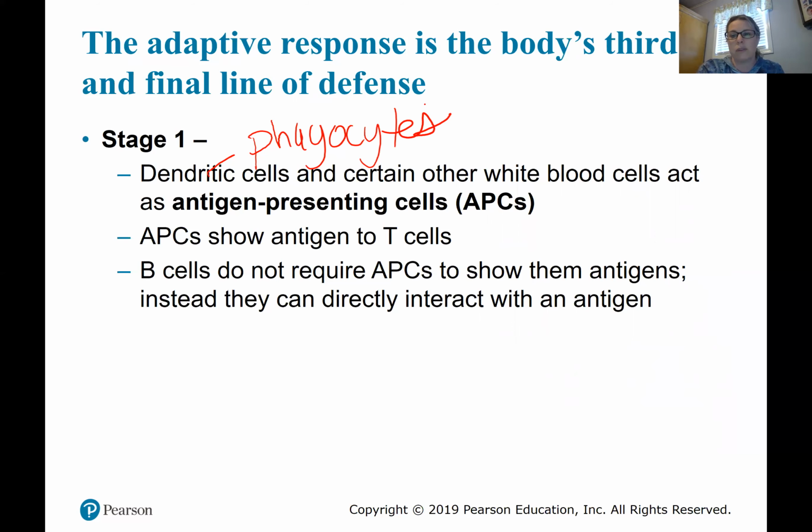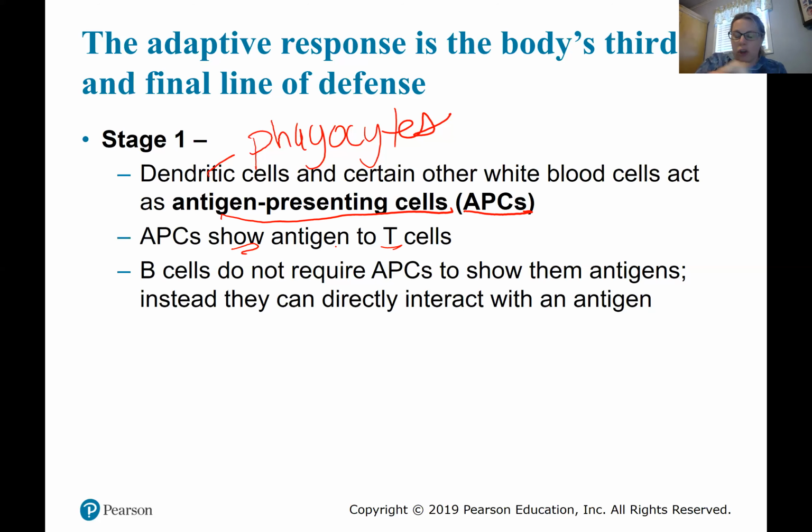Phagocytes engulf the bacteria that's foreign and destroy it. These phagocytes, like dendritic cells, are what we call antigen presenting cells. These cells show the antigen to T cells and sometimes B cells.